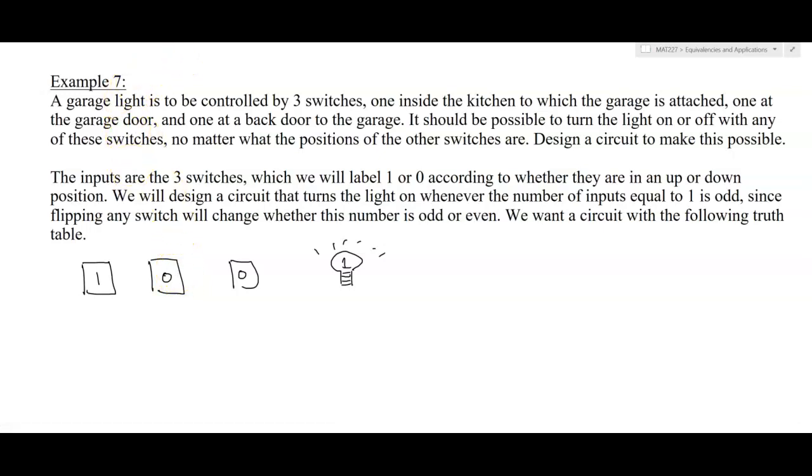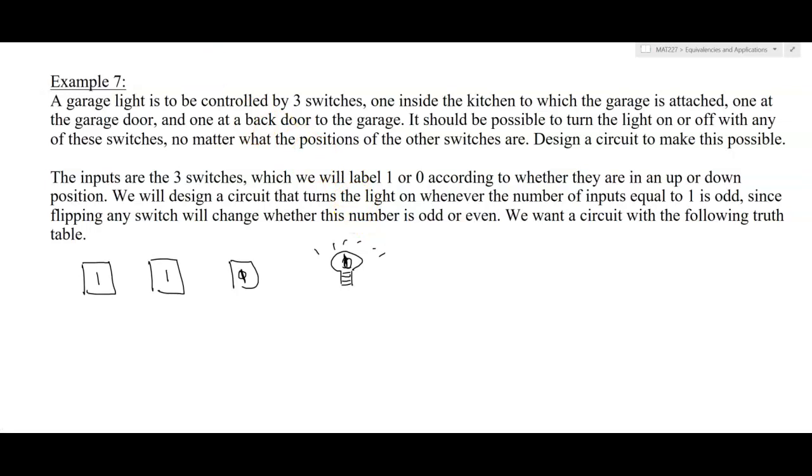But now if I were to flip another switch into the on position, that means this light should now turn off. And if I were to flip this third switch on, if I were to make this a 1, then this light should now turn on again. So what that means is that if the number of inputs equal to 1 is odd, we want the light on, but whenever the number of switches in the 1 position is even, we want the light to be off.